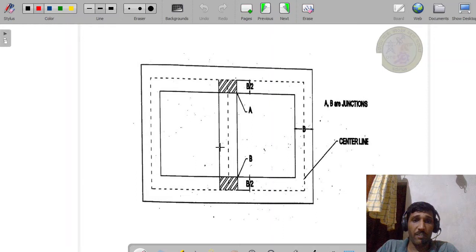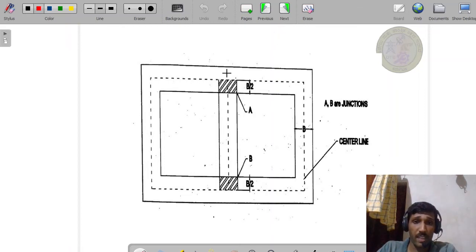If three walls are meeting at a point, this is one wall, second wall, third wall, now here three walls are meeting at a particular point. Here one junction is formed. Whether that junction is a 20 centimeter junction or a 30 centimeter junction, we have to observe it. That is very important while solving the problems. In this way, we have to identify the number of junctions.